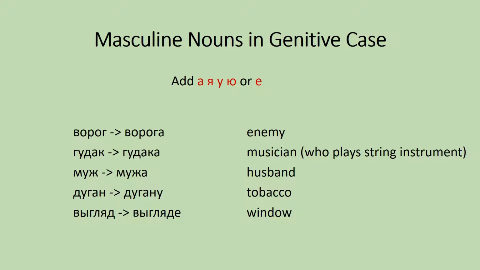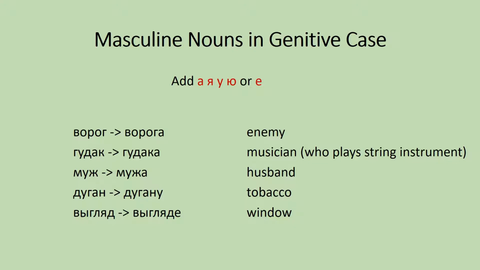Boroch, meaning enemy, becomes vorocha. Hudak, meaning musician, specifically one who plays a string instrument such as the violin, becomes hudaka.